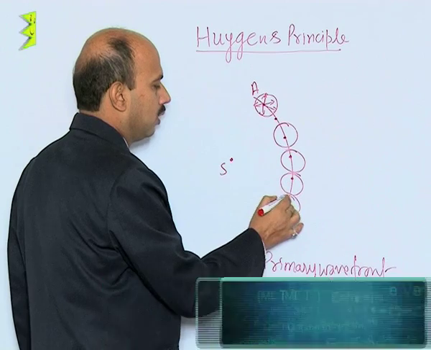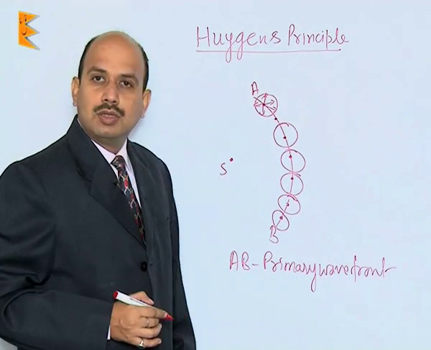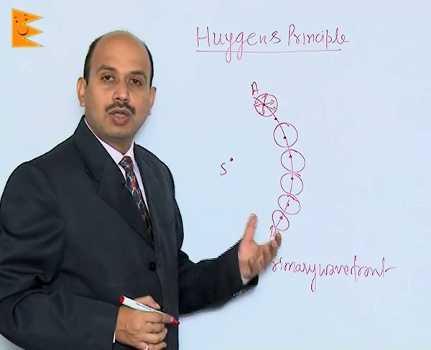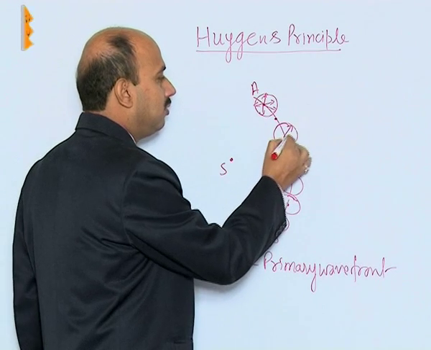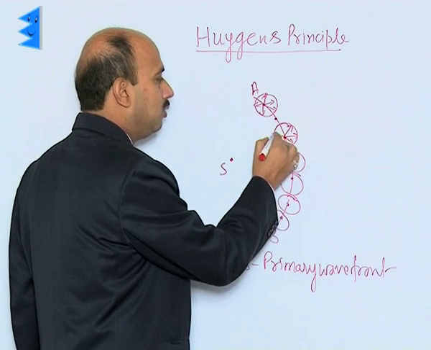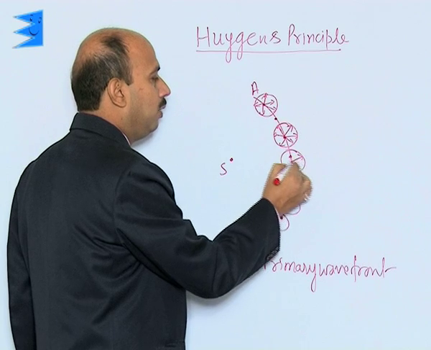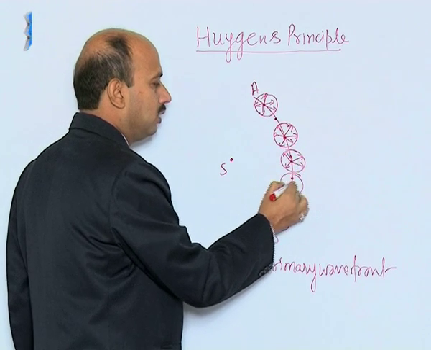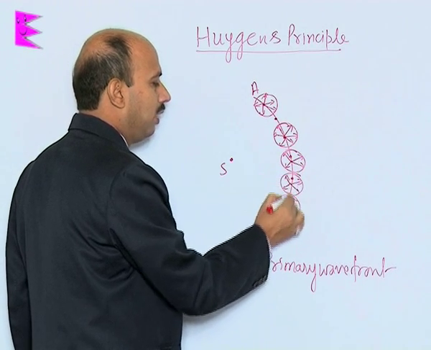So, these are emitting radiation in all directions, and by taking these point sources, secondary wavelets are drawn. So, these are known as secondary wavelets.